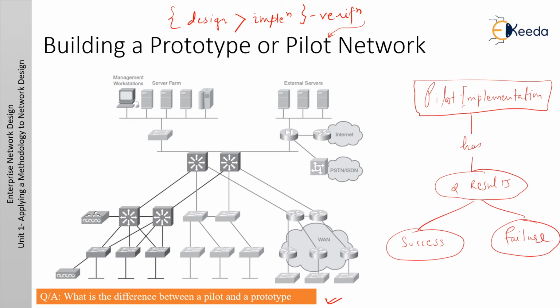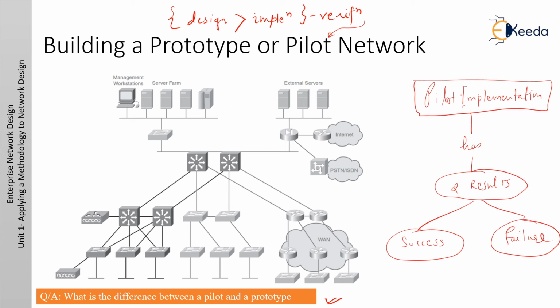The important thing is a pilot network tests and verifies the design before the network is launched, or it is a subset of the existing network in which the design is tested. A pilot network is normally used when the design is for a completely new network.